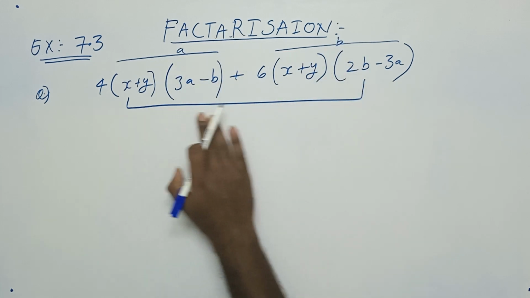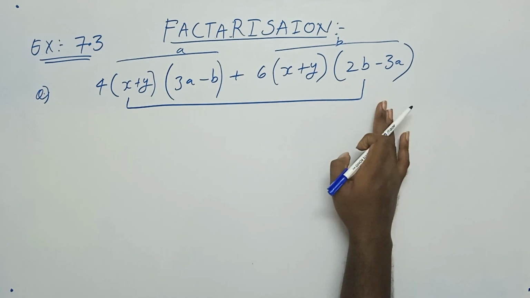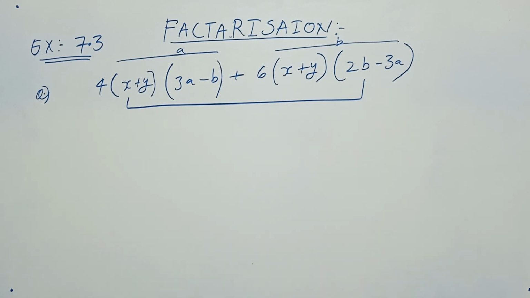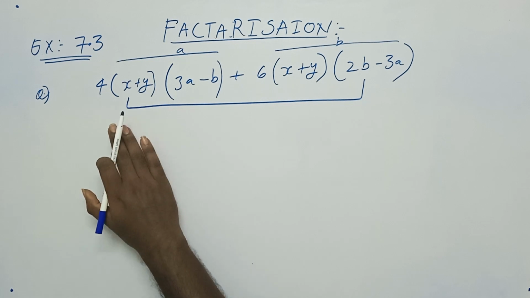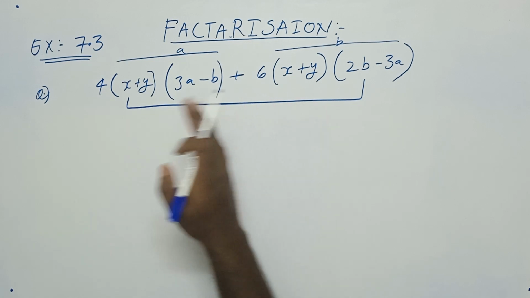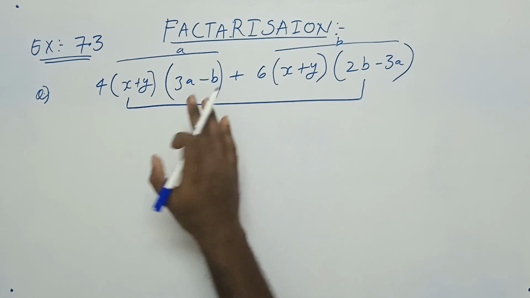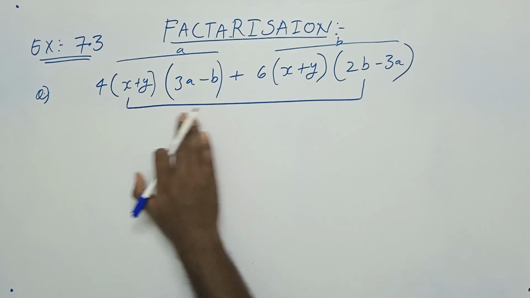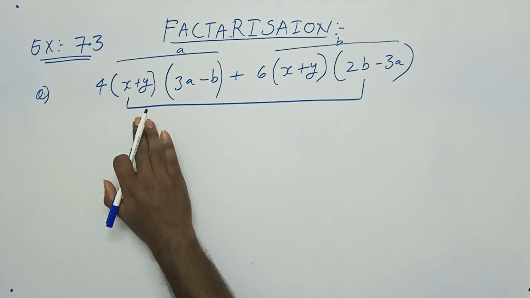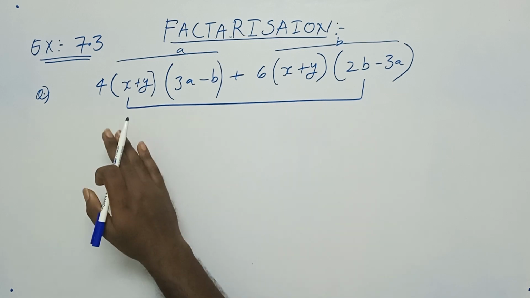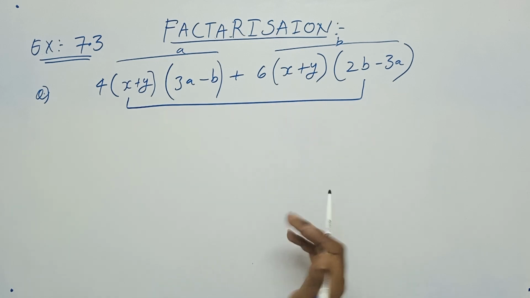So I will consider this part as one term and this part as another term. In order to compare the terms, we first have to determine what the terms are. Then we can find their HCF or common factor.